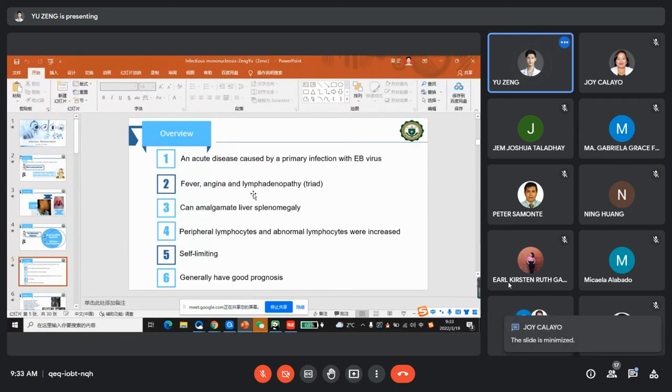Firstly, it is an acute disease caused by a primary infection with EB virus. Secondly, fever, angina, and lymphadenopathy are commonplace. Thirdly, it may enlarge the liver and spleen. Fourthly, it may increase peripheral lymphocytes and abnormal lymphocytes. Fifthly, it is self-limiting. And finally, it generally has a good prognosis.